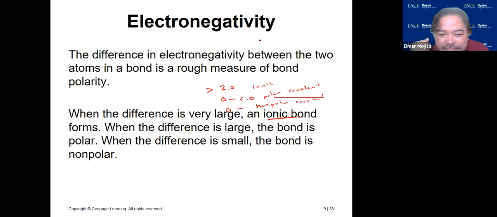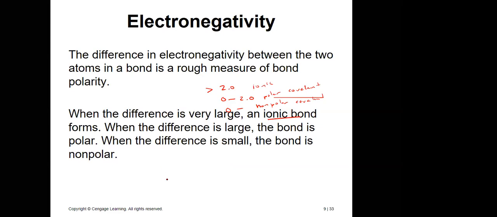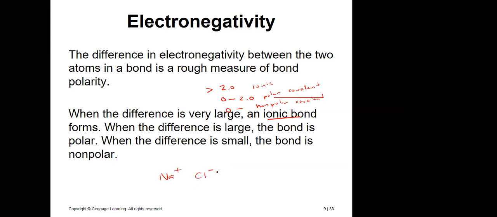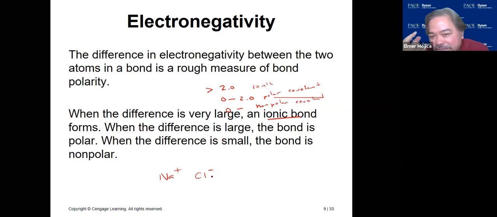A metal and a non-metal. Yep, aside from that, what do we have? A transfer. We have charges, right? So when the electronegativity difference is more than 2, that means there is a positive charge and a negative charge.